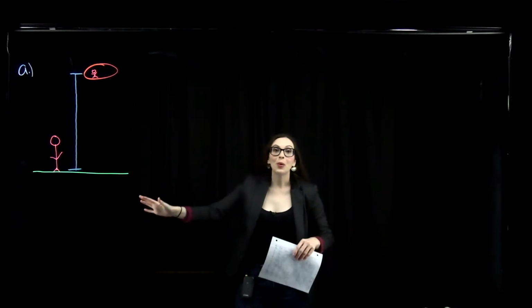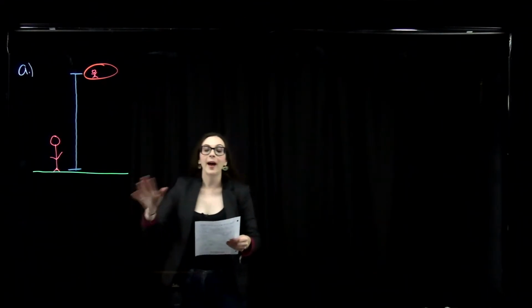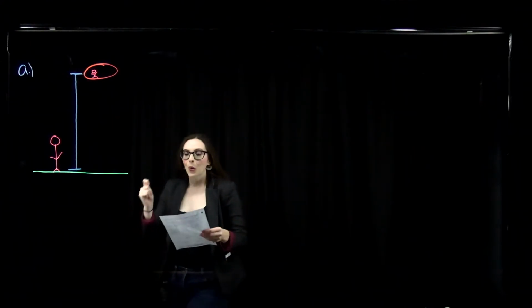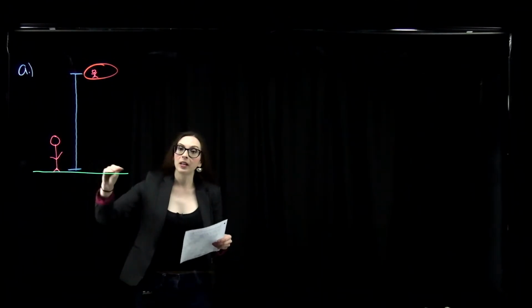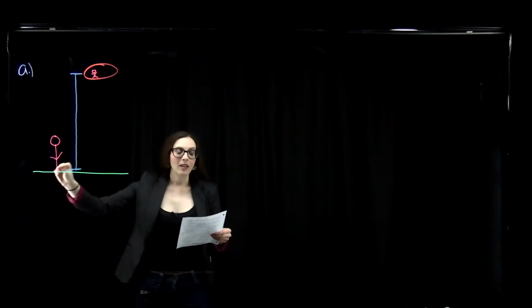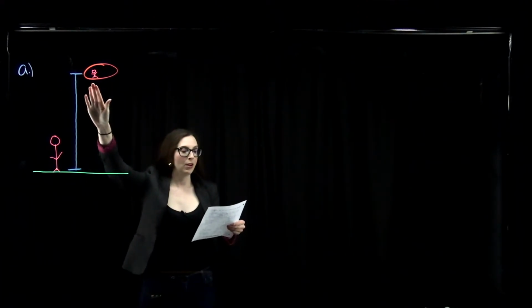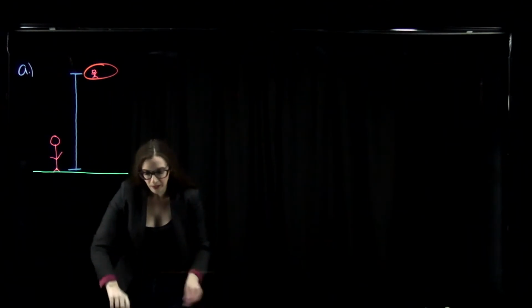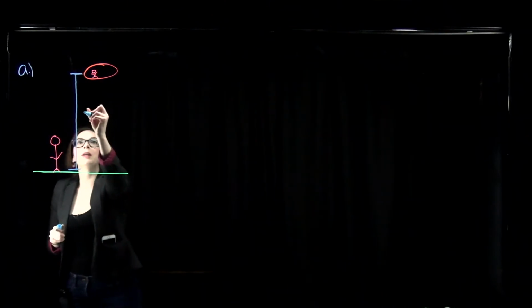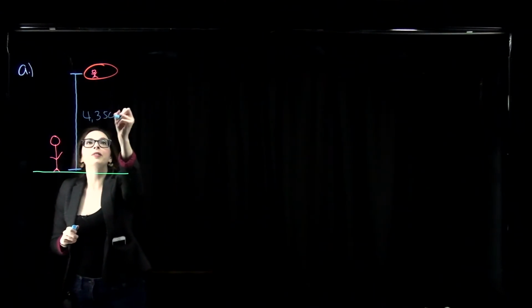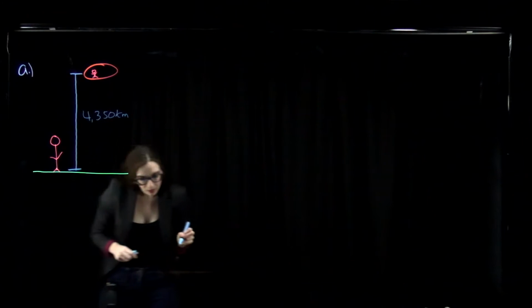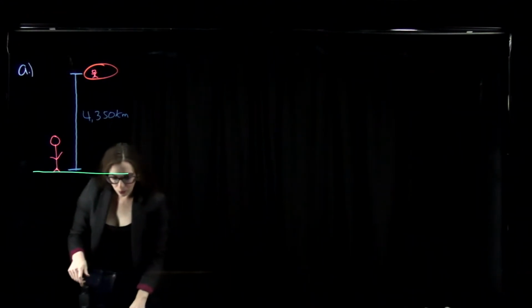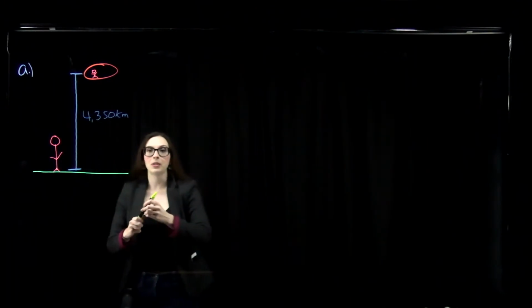In this problem, we are going to apply the concept of length contraction. We have an observer here on the Earth, and they see a spaceship appear at an altitude of 4,350 kilometers, moving downward toward Earth with a speed of 0.97 times the speed of light.